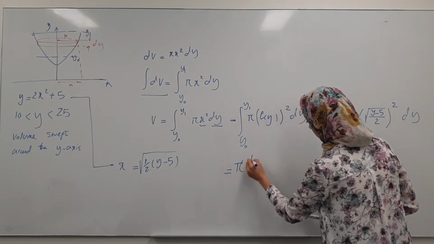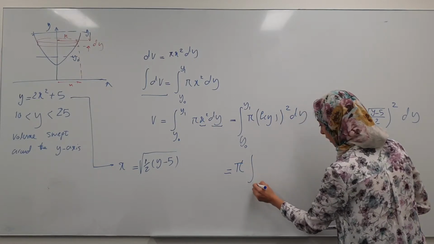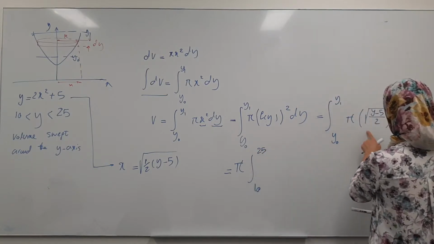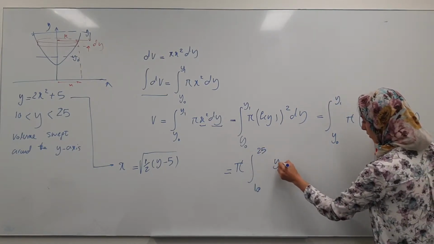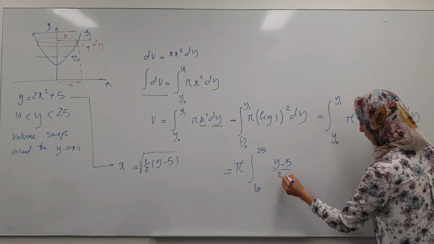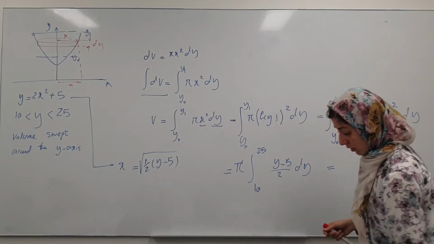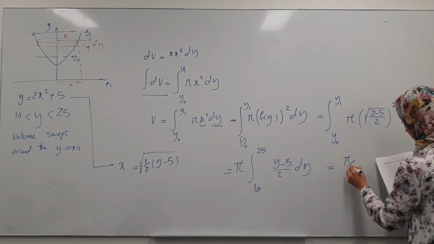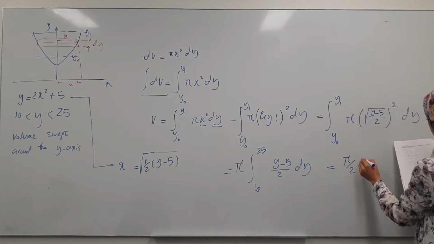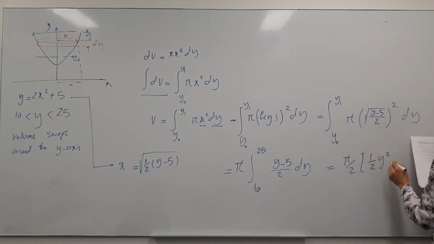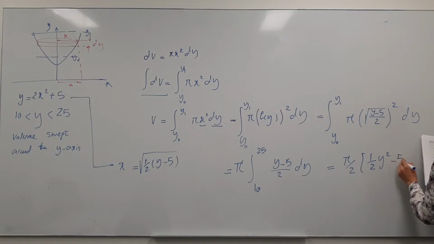Pi is constant, we can take it out of the integration. y0 is 10, y1 is 25, and then we have (y minus 5) divided by 2 dy. And the answer is pi divided by 2 times 0.5 y squared minus 5y, the limit is from 10 to 25.